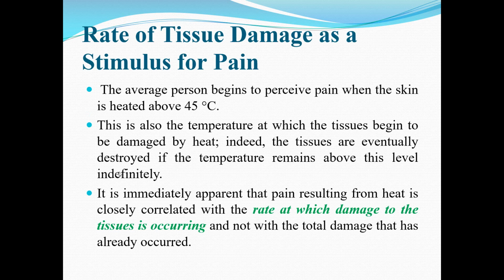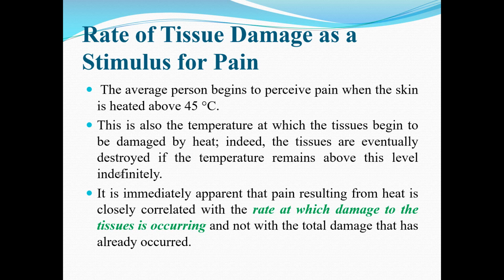Now let's talk about the rate of tissue damage as a stimulus for pain. The average person begins to perceive pain when the skin temperature rises above 45 degrees centigrade. This is also the temperature at which the tissues actually begin to be damaged by heat. We all know that at this temperature the tissues eventually start to be destroyed, and rapidly this temperature has to be brought down if we want to maintain the homeostasis of that person.